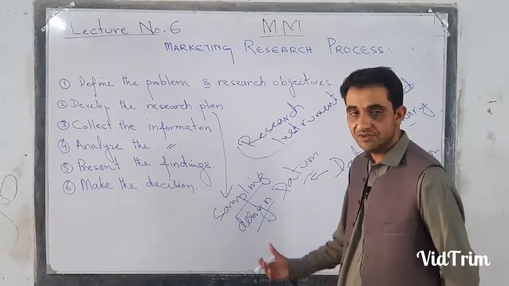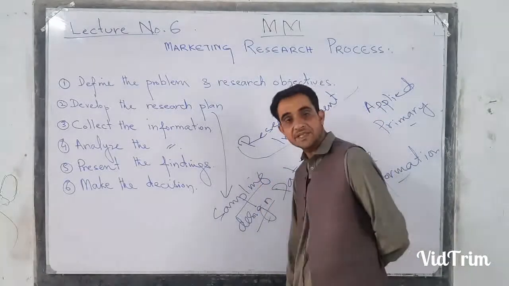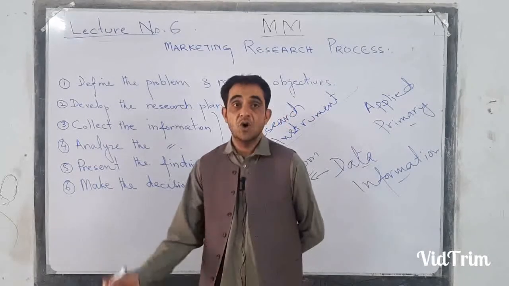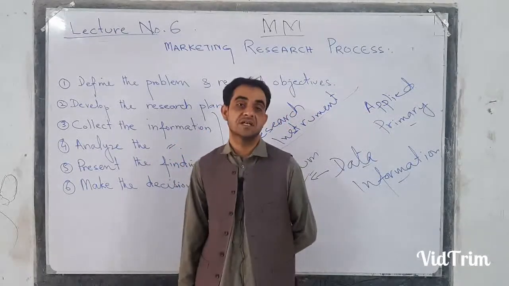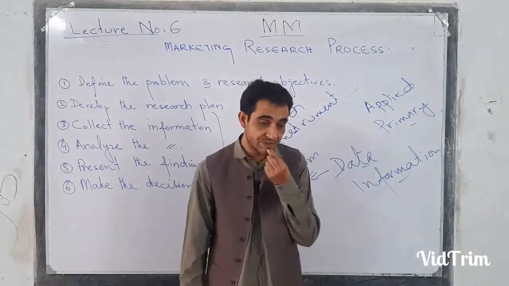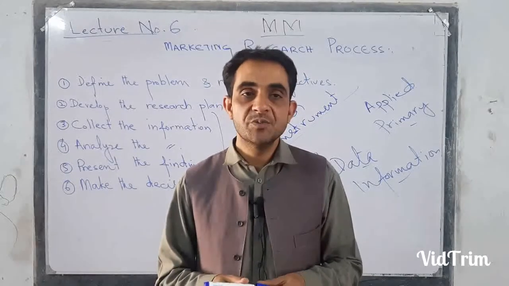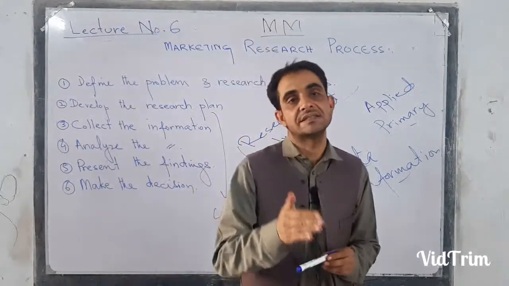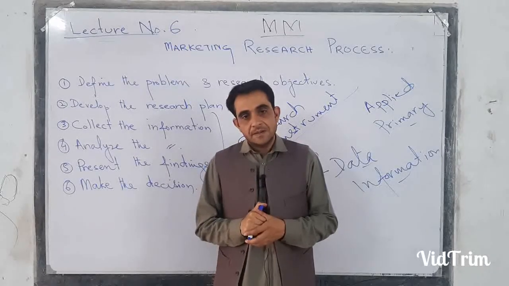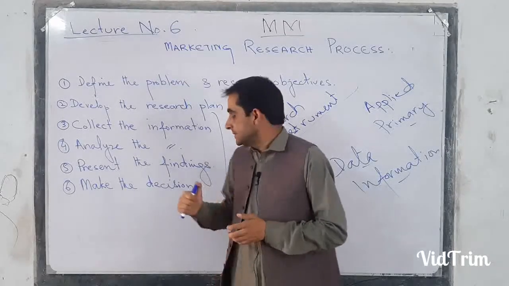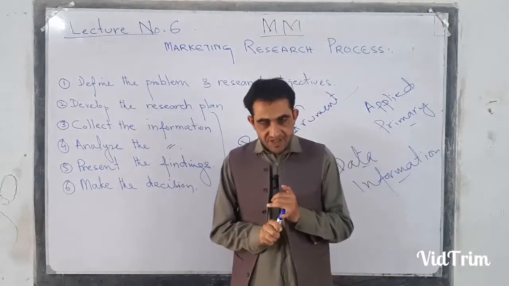In sampling design, we have got some two or three things. Number one, sample size. Sample size means from how many people we are collecting the data. Let's suppose we are distributing questionnaires among 100 people. So we are saying that our sample size is 100.